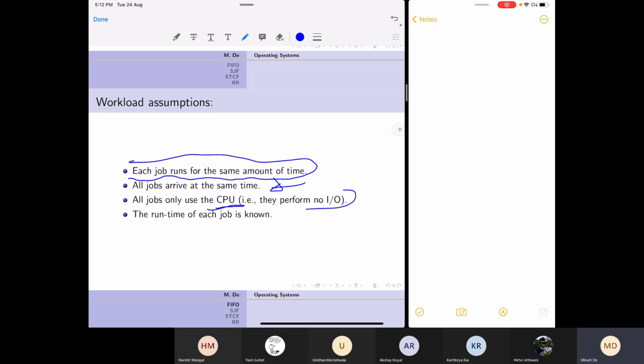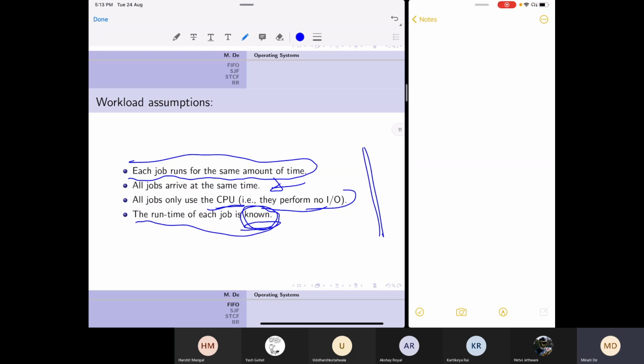They are not performing any IO, so there is no IO in these jobs. Jobs means basically processes; we are referring to jobs as processes. And the runtime of each job is known, which is also a very unrealistic assumption. In fact, all these assumptions are unrealistic, but let's say that we have jobs which satisfy all these assumptions.